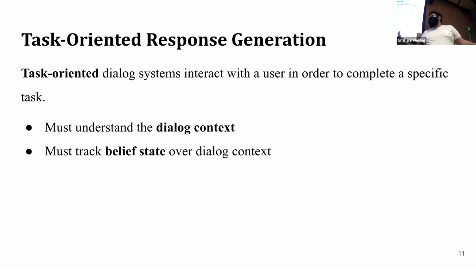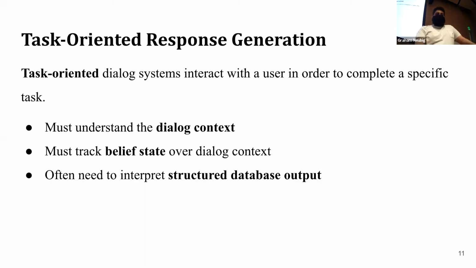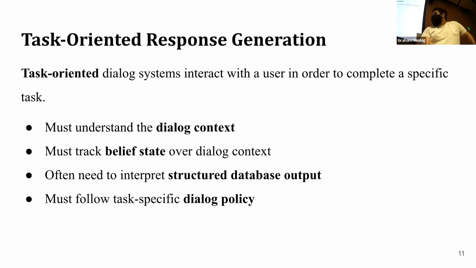So like in the first example that I showed, the belief state might be something like user requested restaurant, neighborhood is Oakland. You often need to interact and interpret with a structured database. And then you need to follow a task-specific dialogue policy.